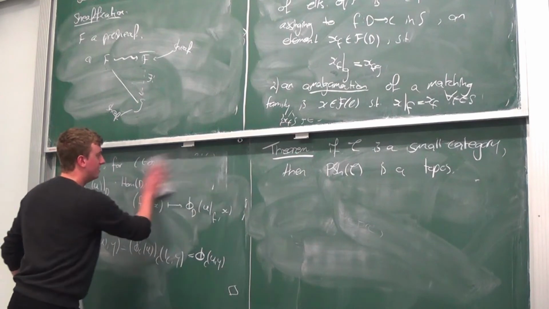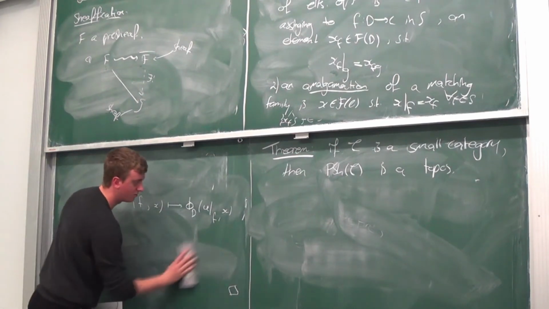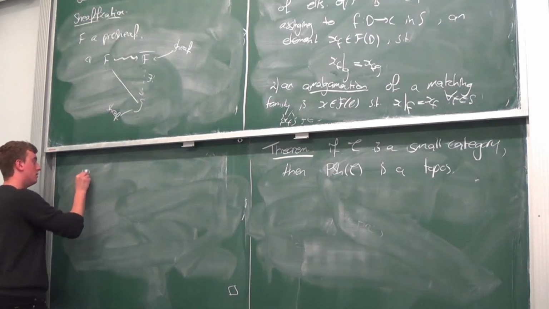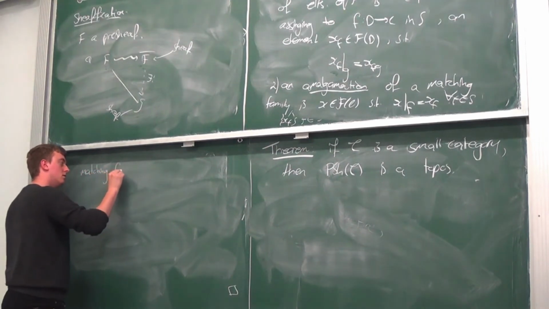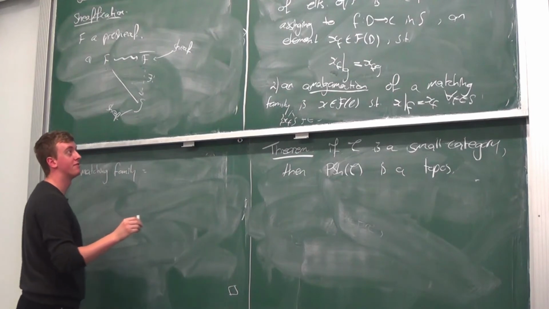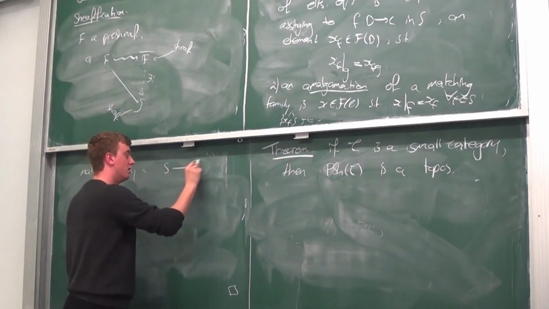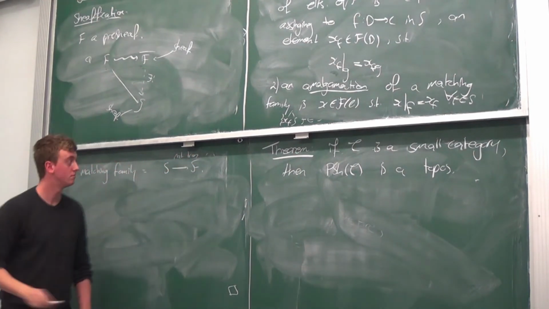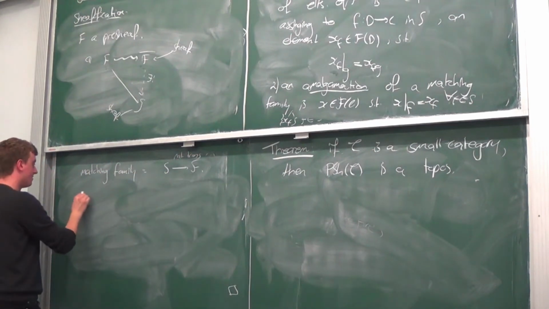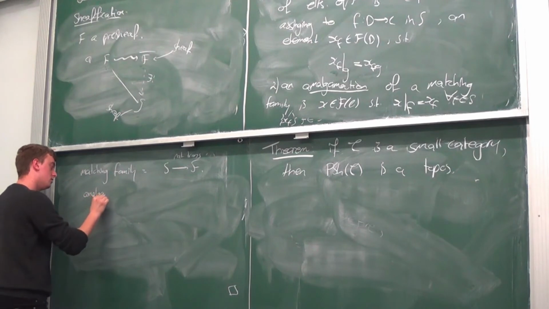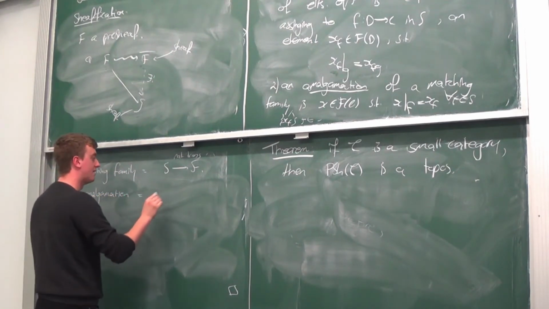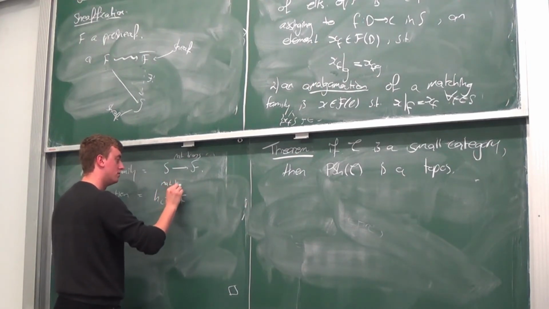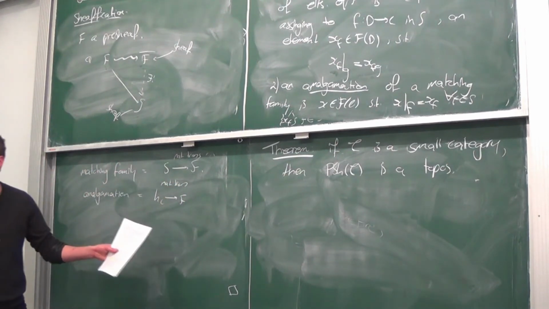From our definition that we gave in my second talk, we just have to observe that a matching family is just a natural transformation from S to F. And an amalgamation is a natural transformation from HC into F, which of course by Yoneda is just some section.